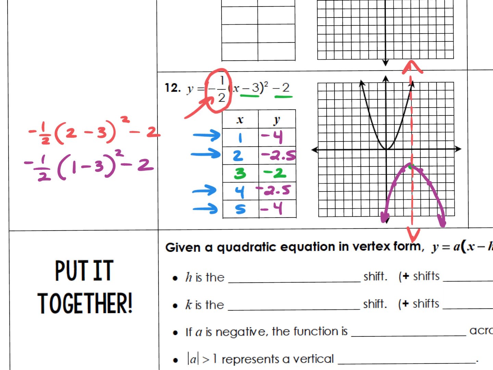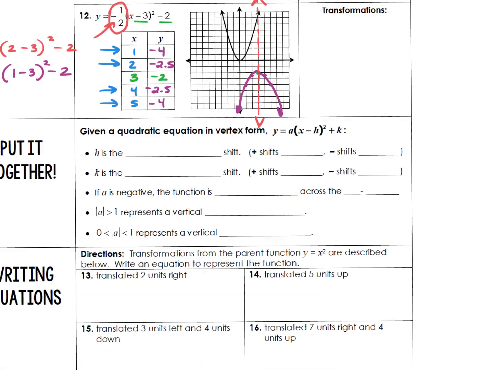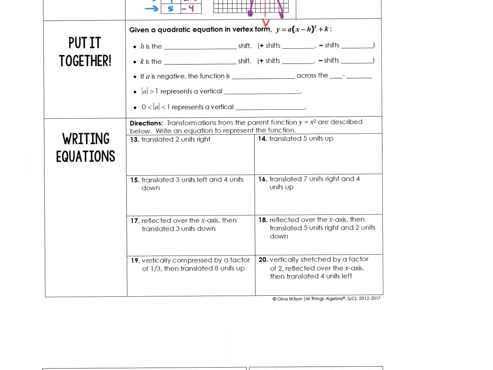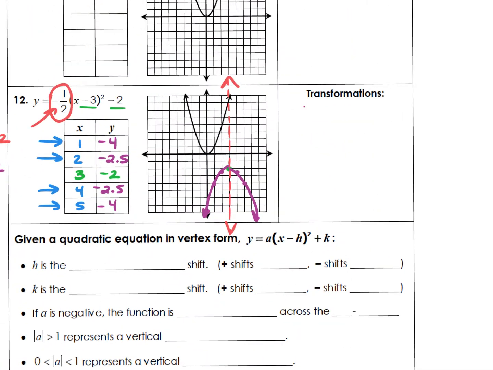Never even worked those out. So what they're looking for as far as transformations, we'll do more of that right here, just so you can see what it all means. But basically this is going to flip because of the negative. The 1/2.